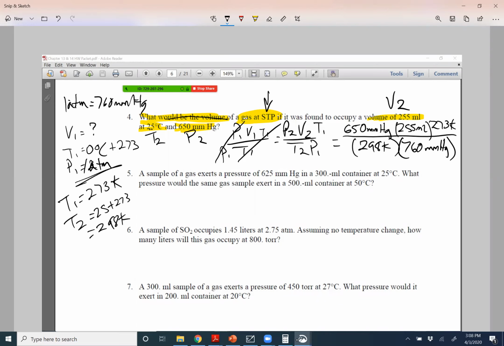And the pressure was 760, but has now gone down to 650. So we have the temperature going up, which should make the volume go up, but we have the pressure going down, which should also make the volume go up because they're inverse. So we should get a number that is larger than 255. Well, let's see what we get.